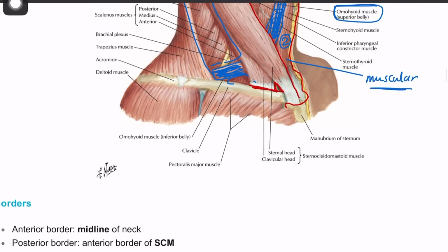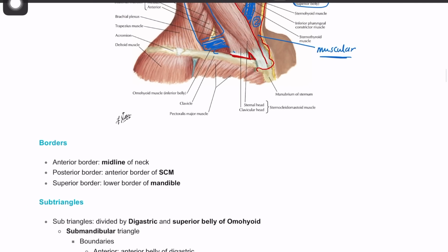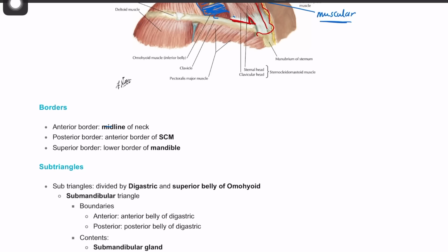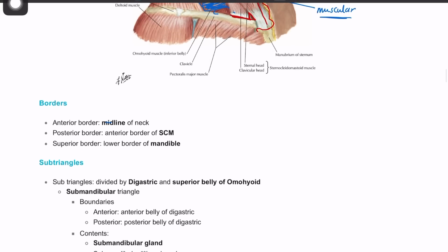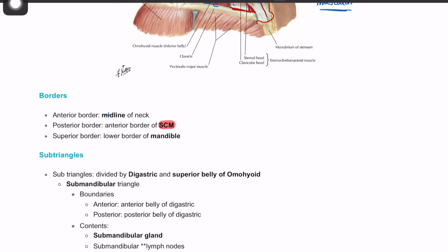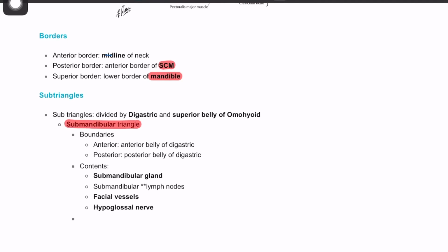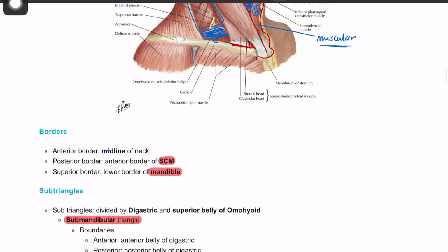Starting with the borders of the anterior triangle, like we said: the midline anteriorly, the sternocleidomastoid posteriorly, and the mandible superiorly. Of the subtriangles, we mentioned the submandibular triangle, and we can name its boundaries.